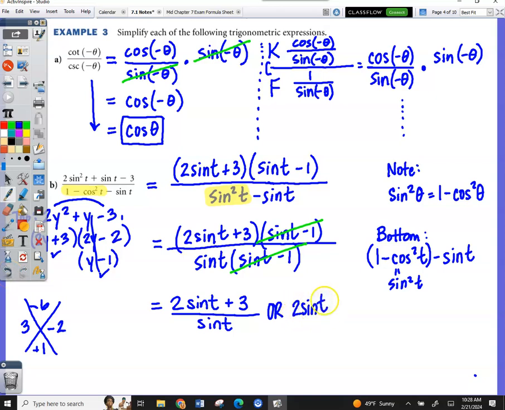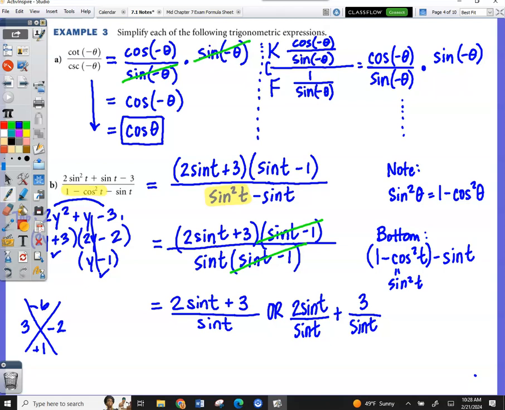I got 2 sine t over sine t plus 3 over sine t. So when you separate it, the denominator gets repeated twice. Because if you think about if you were adding fractions that have like denominators, you write the denominator once. Well, if you're separating it, you write it twice.